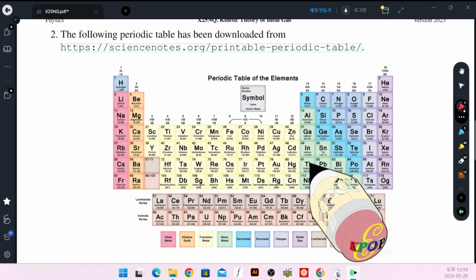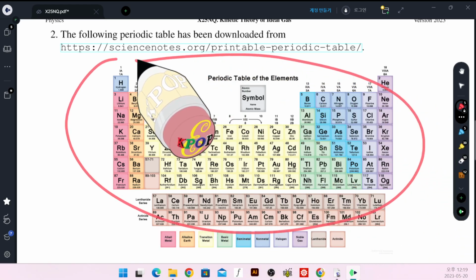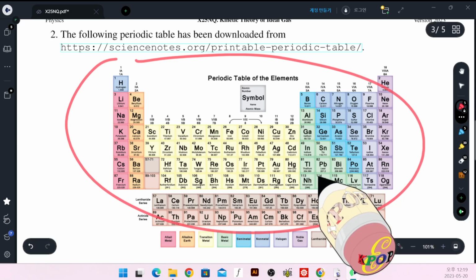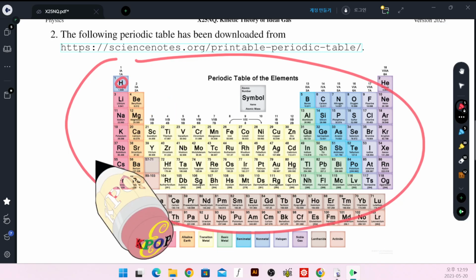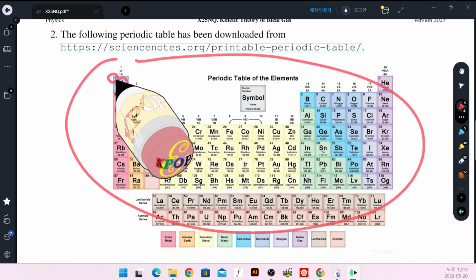Next, you might need this practical information. This is a periodic table. You can click this to find an example of a periodic table, but it is public everywhere. Usually, we have an atomic symbol, and there's a number.